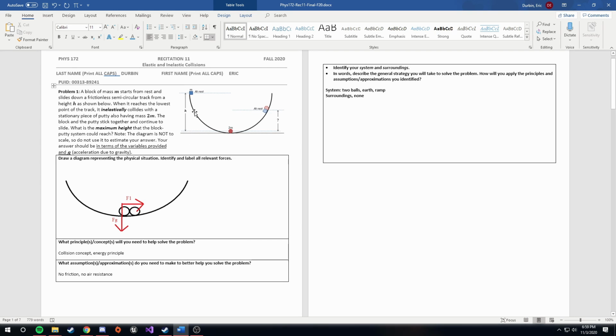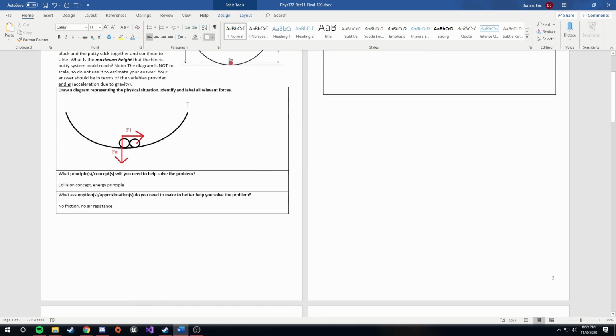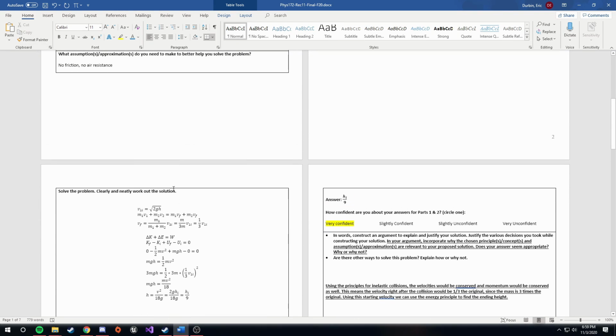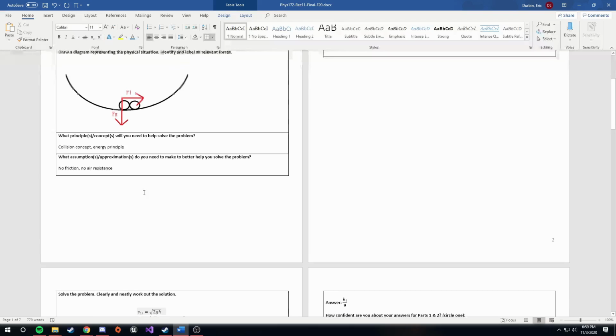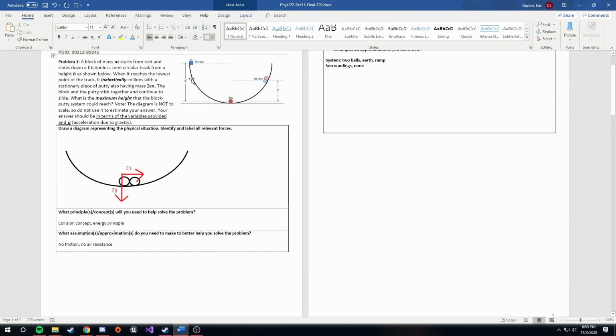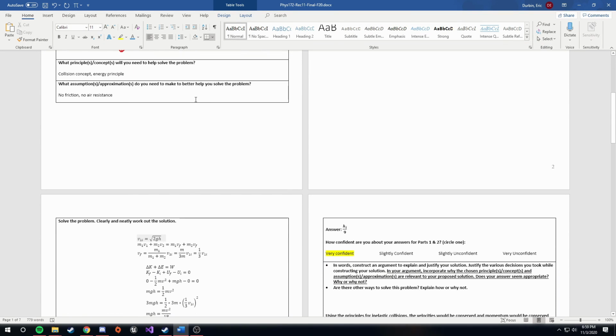And we can find the velocity of the first one. I'm just going to skip all the previous stuff. We find it by doing the square root of 2gh. This comes from the energy principle, 1/2 mv squared equals mgh. Dividing all that out gives us v equals square root of 2gh.